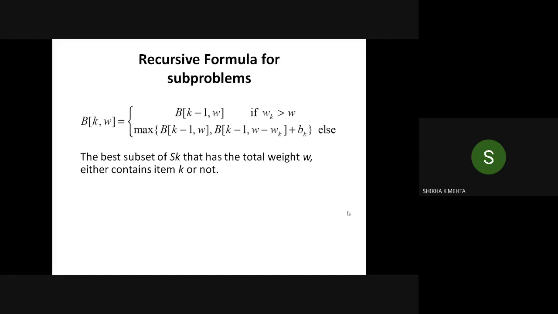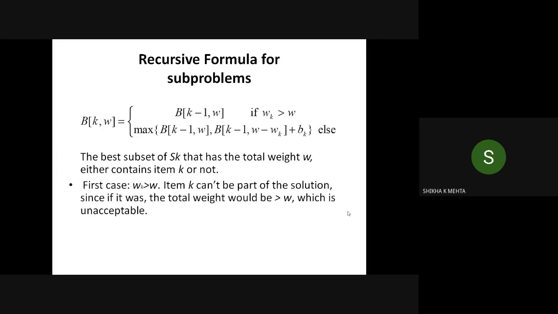The best subset of Sk that has total weight W either contains item K or it does not. In the first case, Wk is greater than W, so item K can't be a part of the solution, since if it was, the total weight would be greater than W. Let us say the capacity of the knapsack is 2 and the weight of the item is 3.